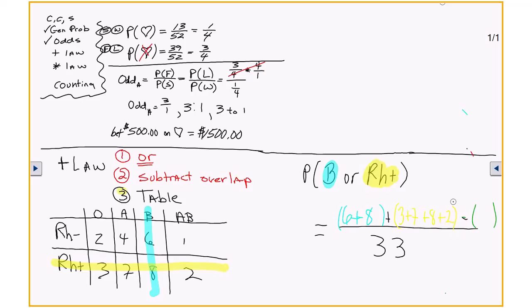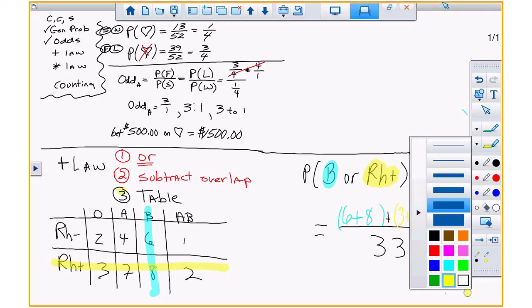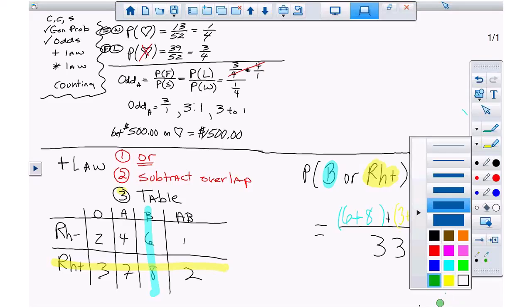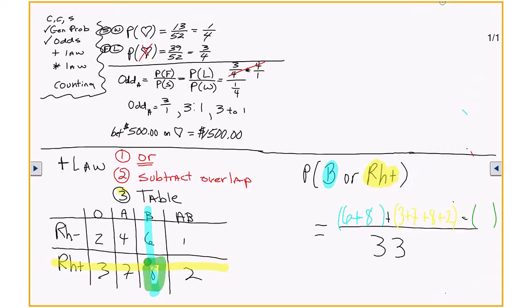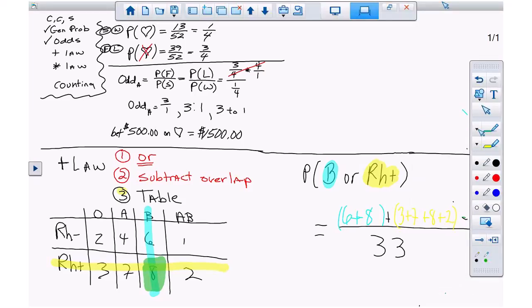And what's my overlap here? 8. I'm going to take my handy dandy green highlighter. And there is my overlap. And that's how you do the additive law.